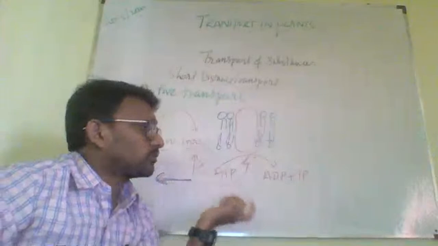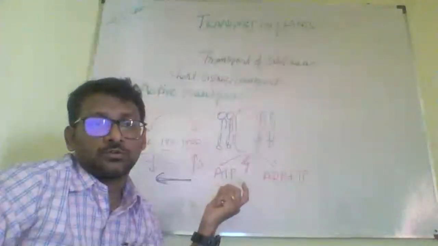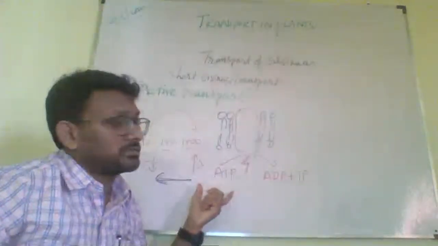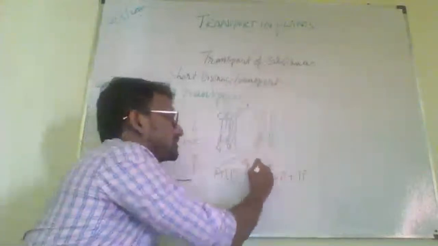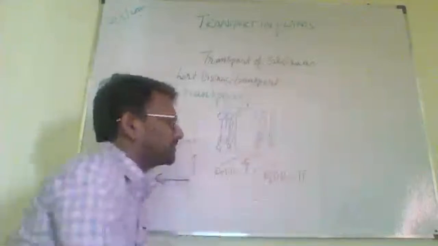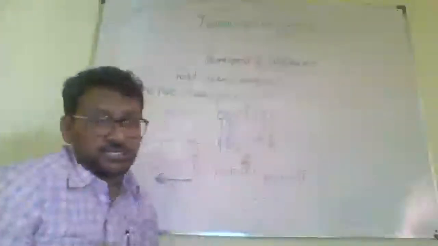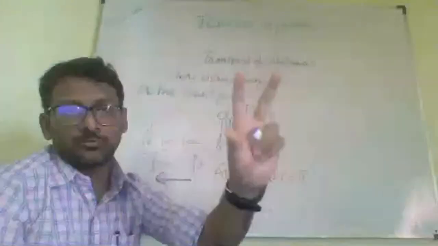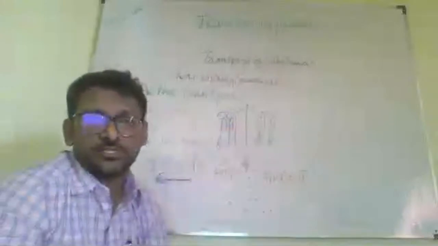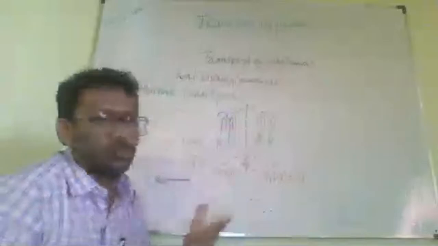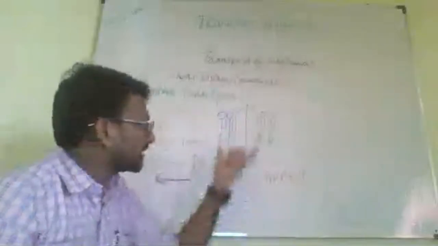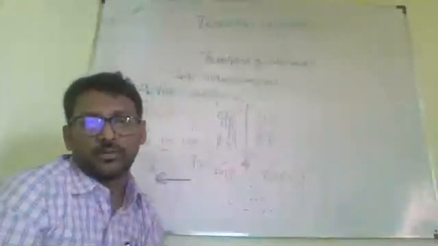So what's happening here? The molecules are moving against the concentration gradient. There are many molecules here, and these are moving. That's why they need energy to move through the cell membrane. These pumps are proteins that use energy to carry these substances across the cell membrane.